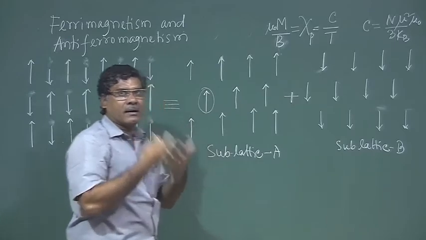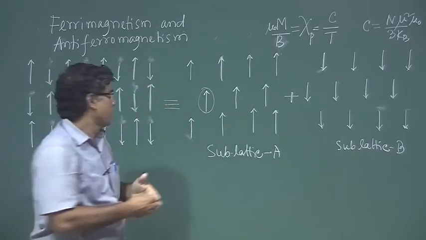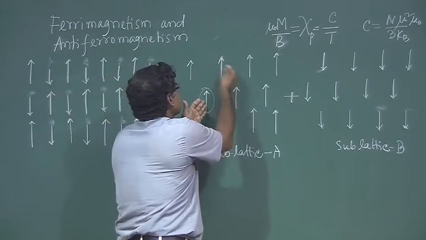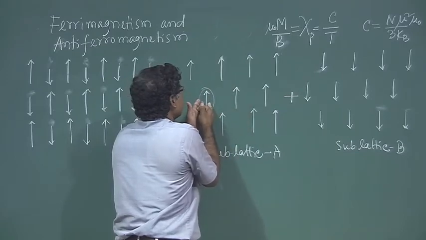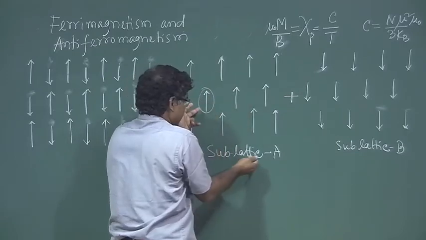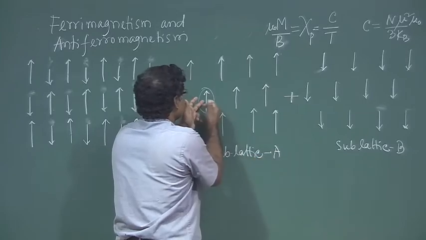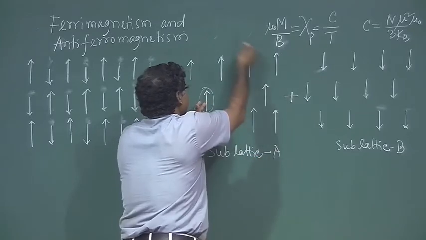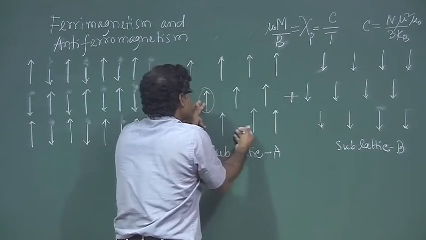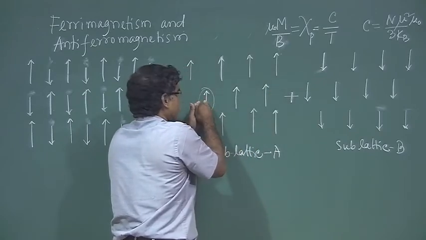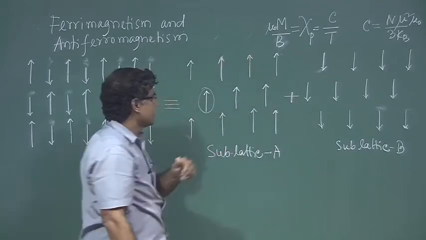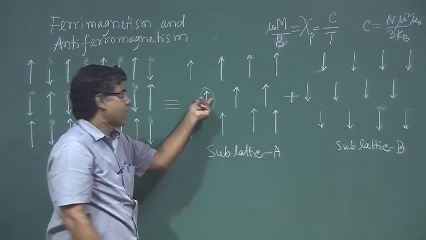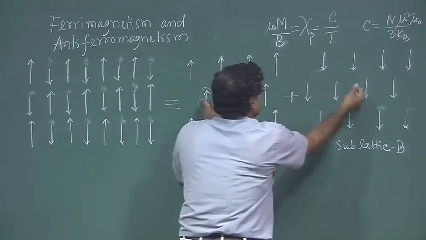according to the Heisenberg model there will be exchange interaction. Okay. This is an A site spin. From the surrounding A sites there will be exchange interaction with the other A site spins, as well as exchange interaction with the B site.